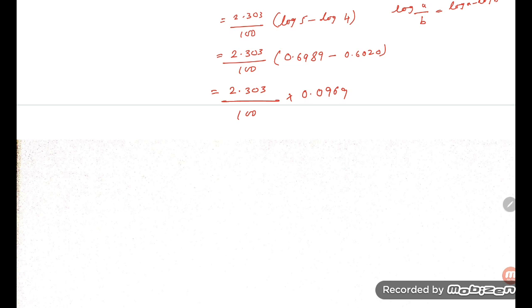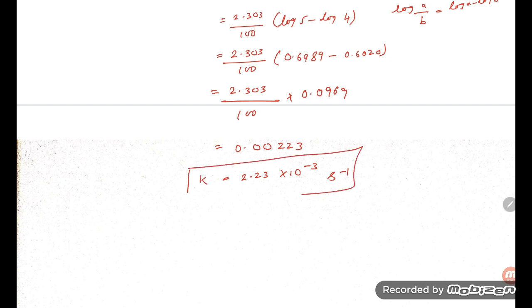You can multiply 2.303 divided by 100. So dear student, it is coming 0.00223, or you can write 2.23 into 10 power minus 3, and this is the second inverse. So we got the K value, student.